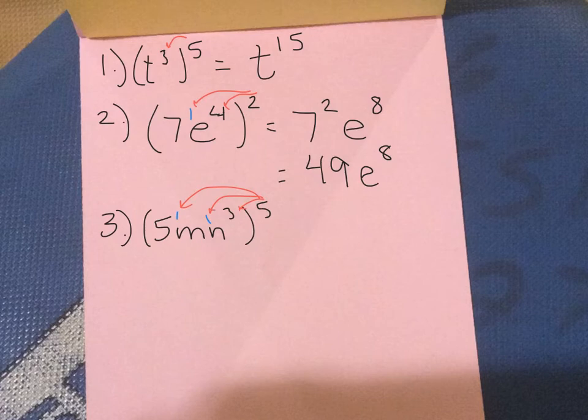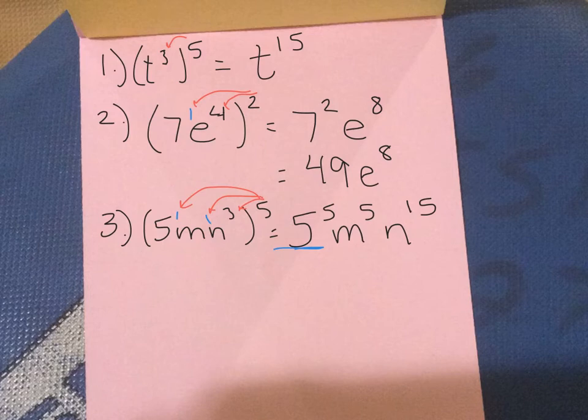If I do that, I've got 5 to the 5th, m to the 5th, and n, well, this is 5 times 3, that's 15. Again, some teachers might want you to change this part into a whole number, but we're going to leave that for now.